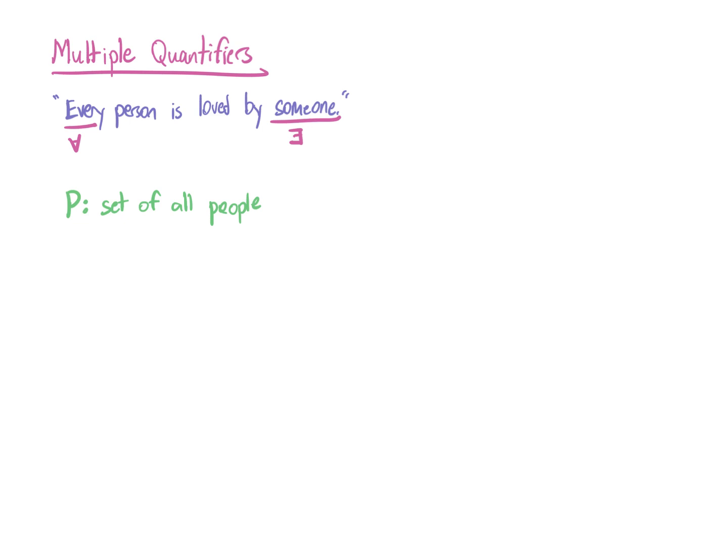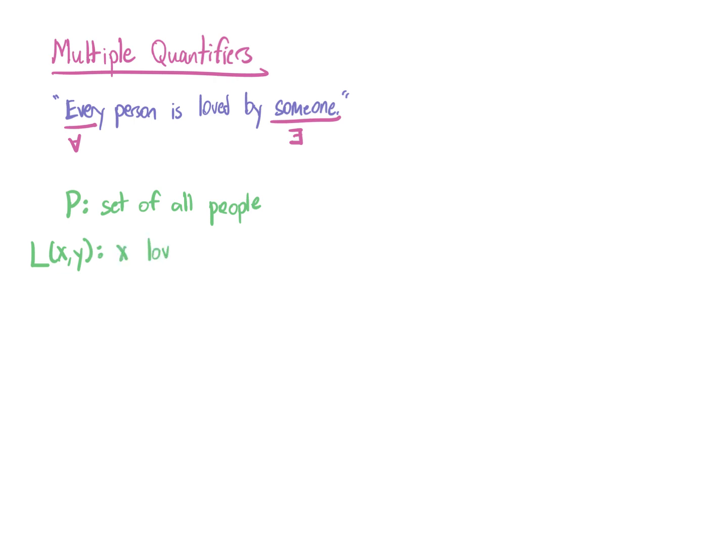And I'm going to define a predicate. Because I have a complicated sentence here, it's going to involve two entities: the person who is loved and the person who is doing the loving. So in order to express this, I'm going to do something we haven't seen yet, which is to define a predicate that actually has two arguments.